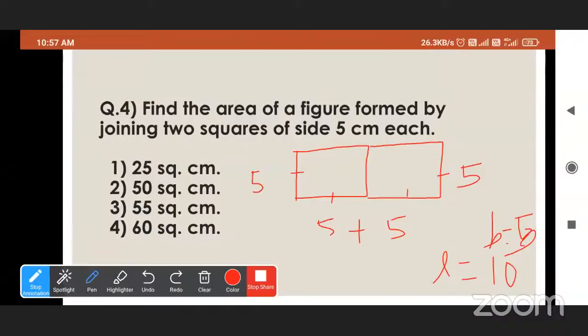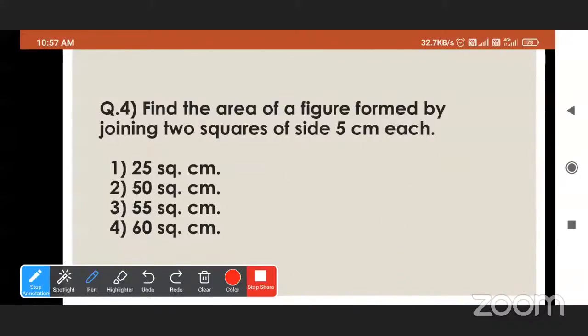So what is the area of this figure? 50 square centimeter, because area is equal to L into B. So we get 5 into 10, that is 50 square centimeter. Or there is another method also.